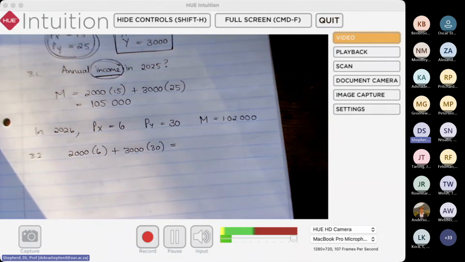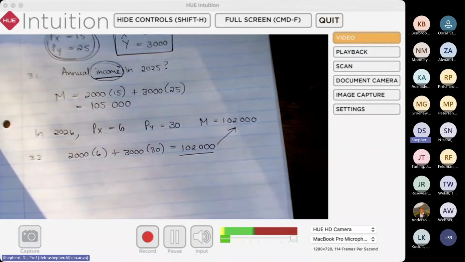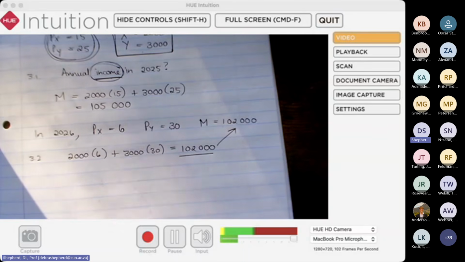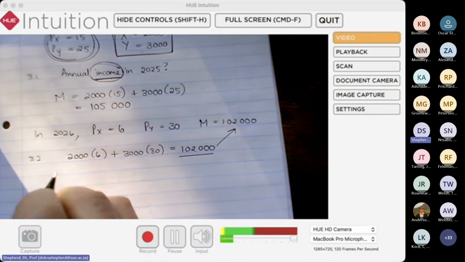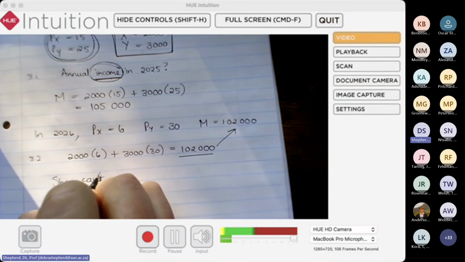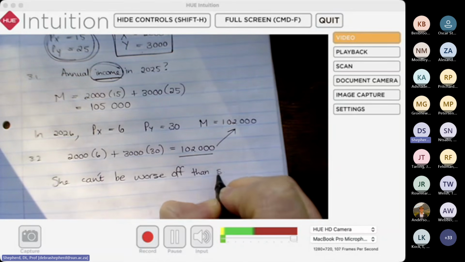It would be 12,000 plus 90,000, which is 102,000, exactly her income. So even though Y has become more expensive and X has become cheaper, she is still able to afford her chosen bundle of 2025. And that is important because it means she can't be worse off than she was.